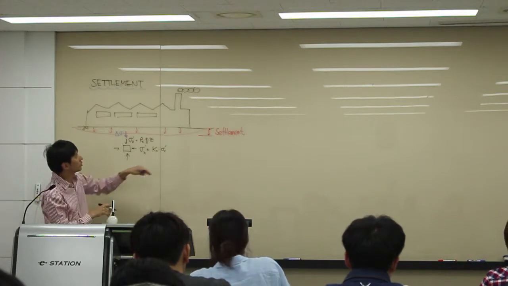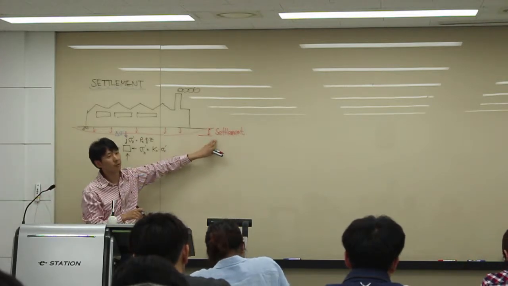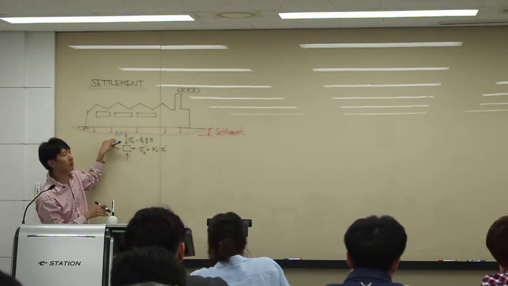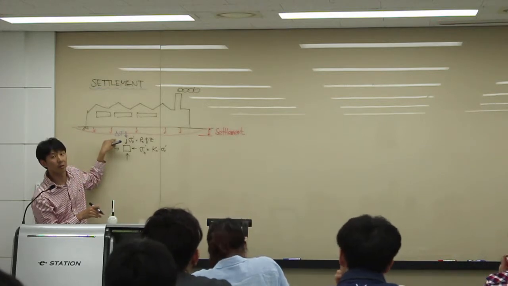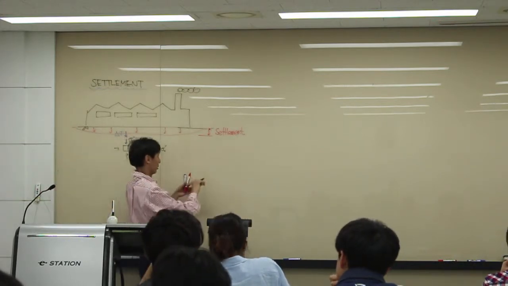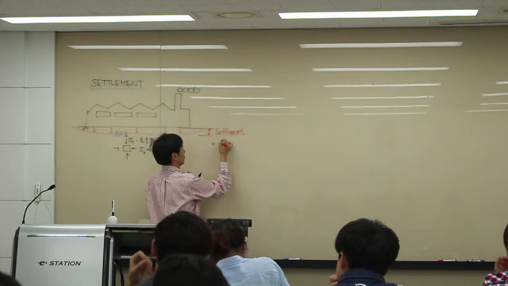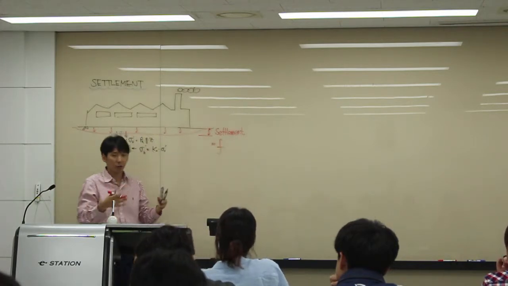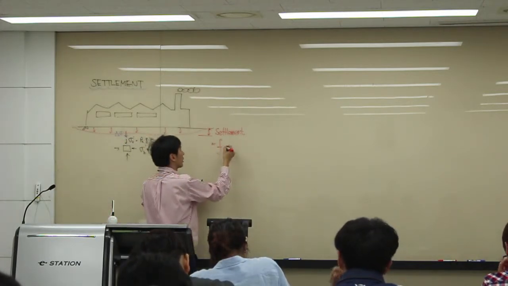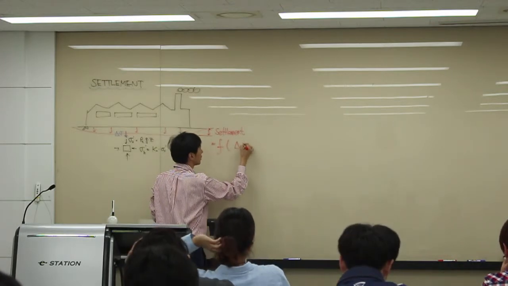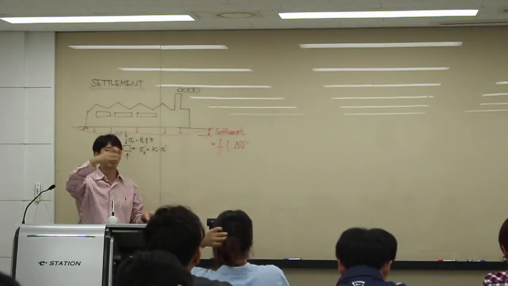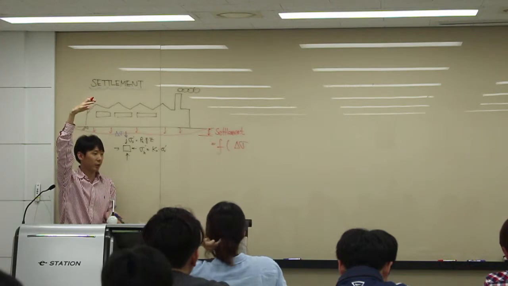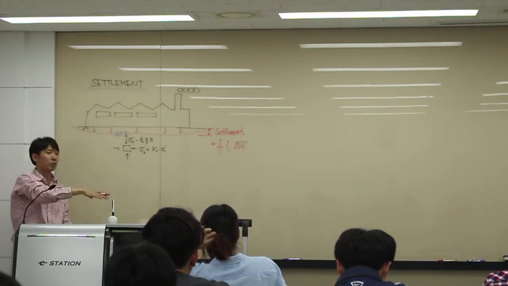So then this settlement will be influenced by the amount of the stress increase. Right? So if we think about it, the settlement will be a function of delta sigma. If you add a very high-rise building, then it's going to cause more settlement.